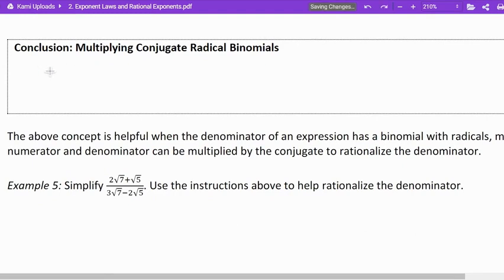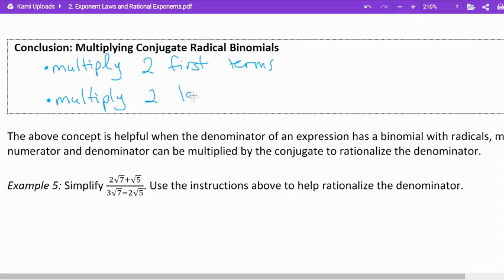Multiplying two conjugate binomials: multiply the two first terms, multiply the two last terms, and the middle terms cancel out. And this is similar to the FOIL rule.